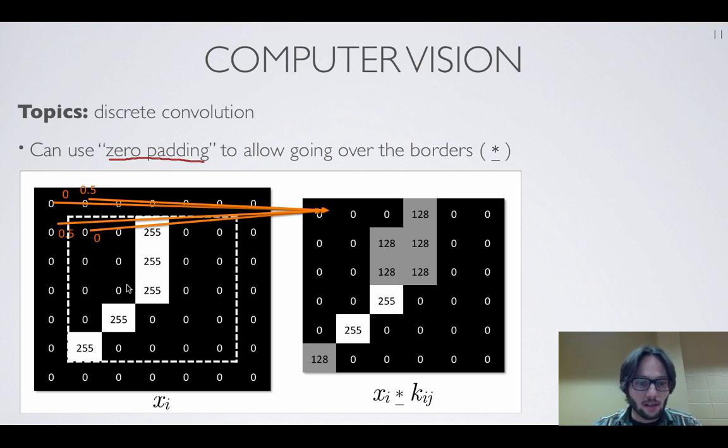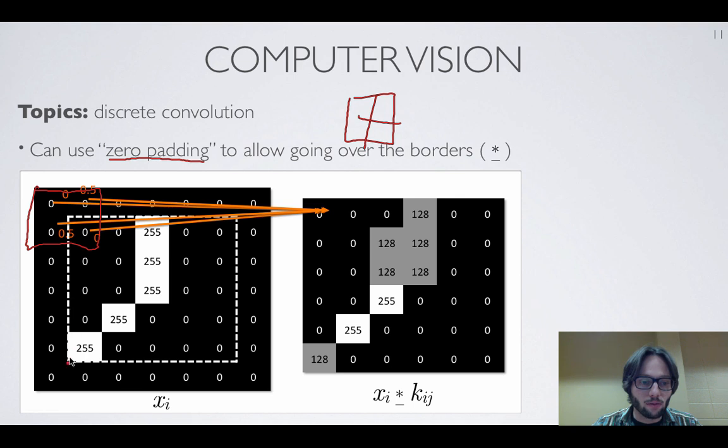So in this case, if I add zeros here, so one row of 0s, and I have a filter which is the same as before, just 2 by 2, then I'm able to fit the filter in the position where it overlaps with just one element here. There are other types of padding.